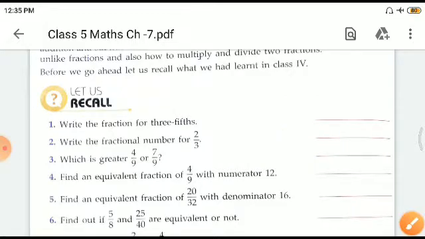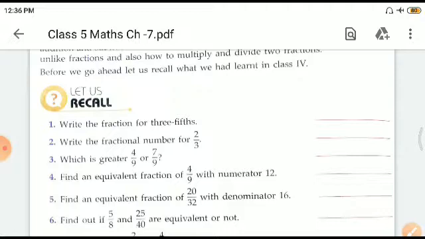Okay. Now the second one. Write down the fractional number for 2 upon 3. So it's just the opposite of the first one. It will be 2/3. Just as it is written here. In the top it is written 3/5. You will write 2 by 3.